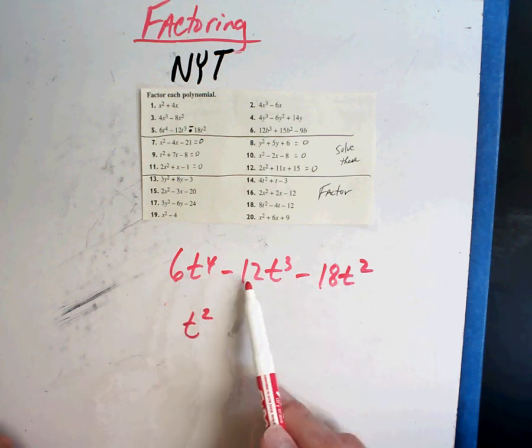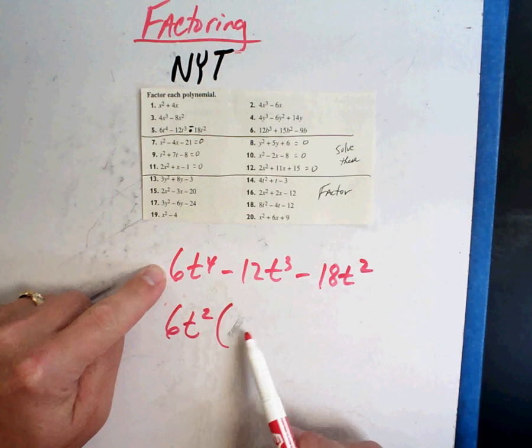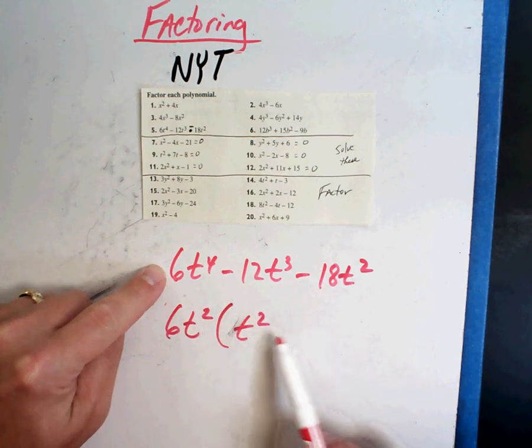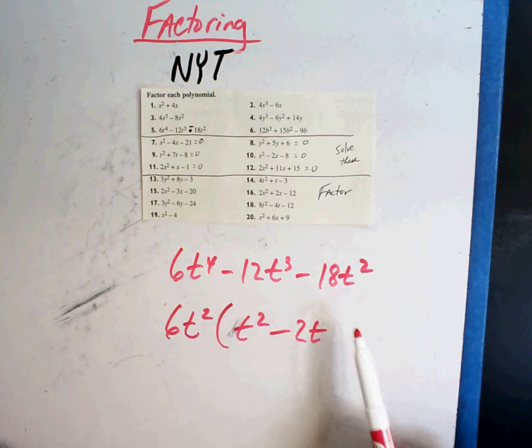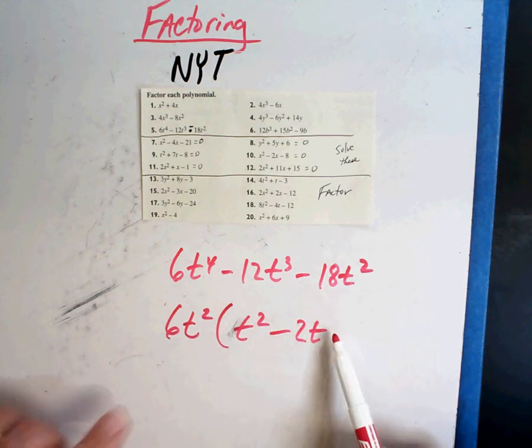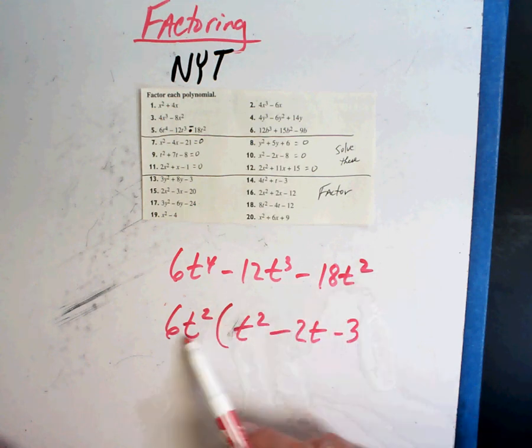I also see that there's a 6 in all those numbers. So let's take out 6t squared. I take out a 6 there, the number's gone, and I have t squared left. If I take a 6 out of that, that's minus 2, and I have 1t left. If I take a 6 out of that, I have a minus 3, and t squared cancels t squared right there.